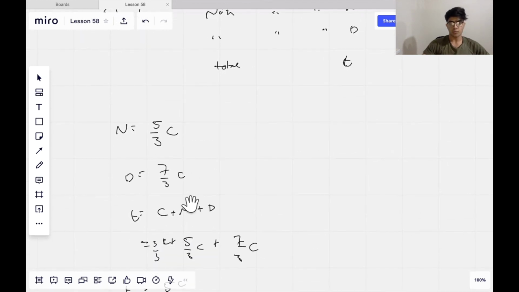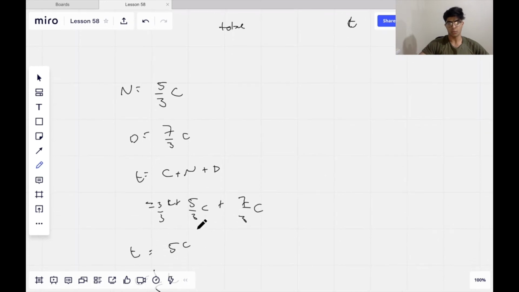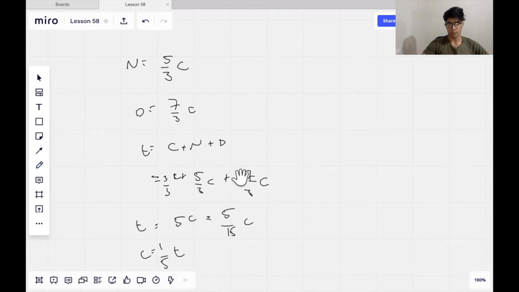So when we define the total in terms of Charlie, we have 3 plus 5 plus 7 all over 3. We're given Charlie as 5 over 15 of the total, so as we had it here, 15 over 3, pardon me.